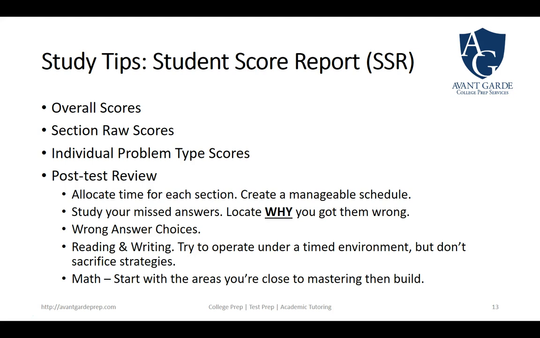You do want to study your missed answers and locate why you got them wrong. If it's math, maybe it's a procedural thing, maybe it's a concept you don't understand well enough, and you need to continue to review. If it's in the reading, understand exactly where the right answer came within the text of the passage, because you have to find the answer somewhere within the text.